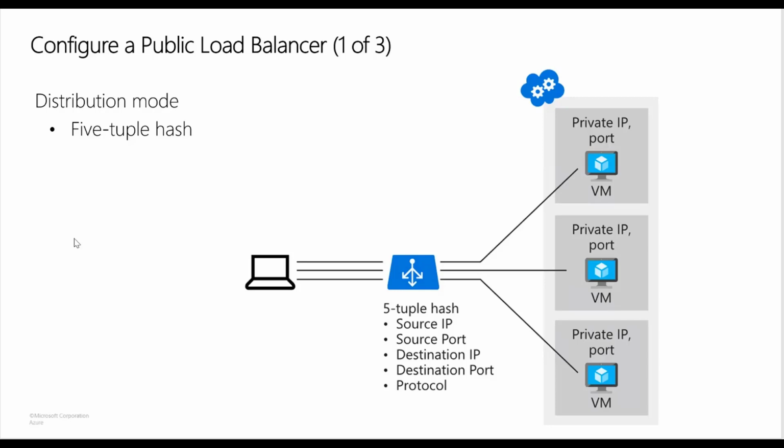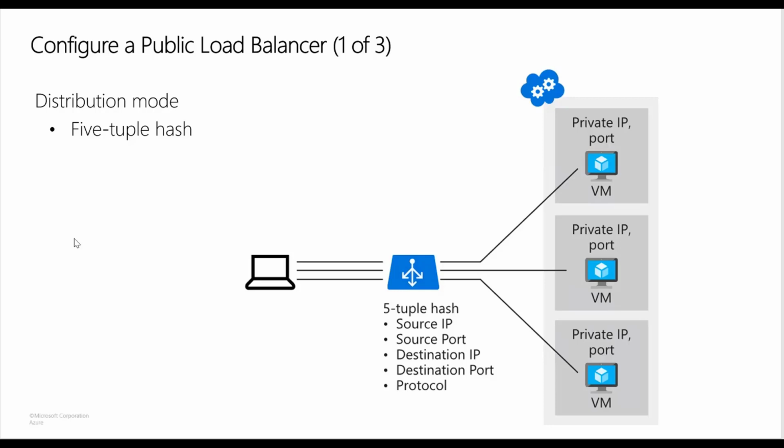By default, Azure Load Balancer distributes traffic equally among virtual machine instances. The 5-tuple hash distribution mode is the default one. The tuple is composed of 5 elements, which we already saw: source IP, source port, destination IP, destination port, and the protocol type.